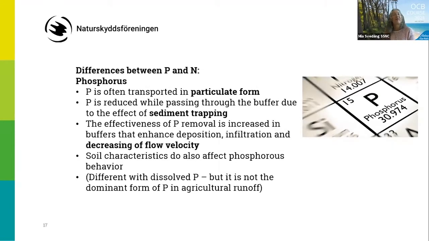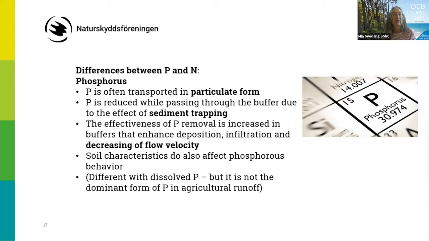So there are differences between phosphorus and nitrogen, and Maria also talked about this, because phosphorus is often transported in particulate form, while nitrogen is often in solution. If you want to reduce phosphorus, it's good if it passes very slowly through the buffer, because then you can use sediment trapping.